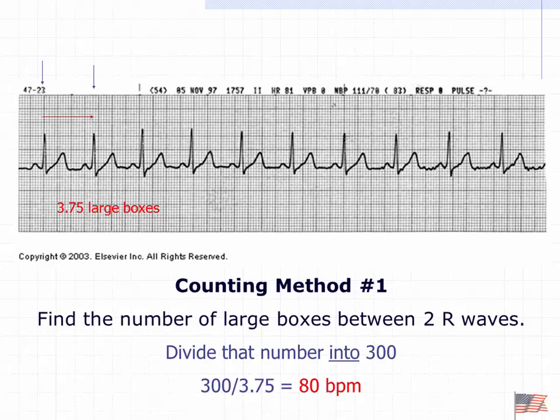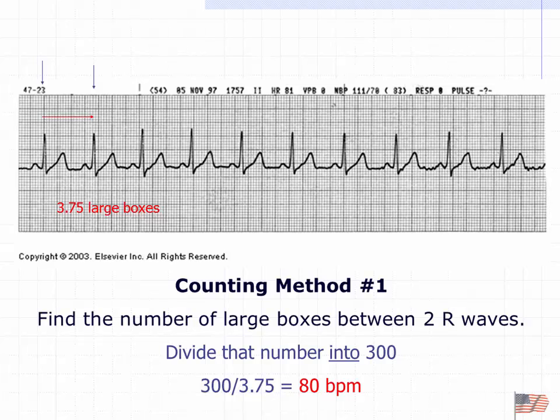Counting method number 1, how many large boxes are there between any two R to Rs? Find an R complex that starts on a line. Don't pick this one, pick this one. How many large boxes are between that and a subsequent QRS complex? 1, 2, 3, not quite 4.